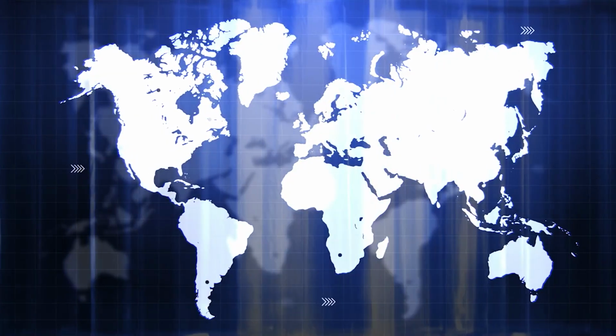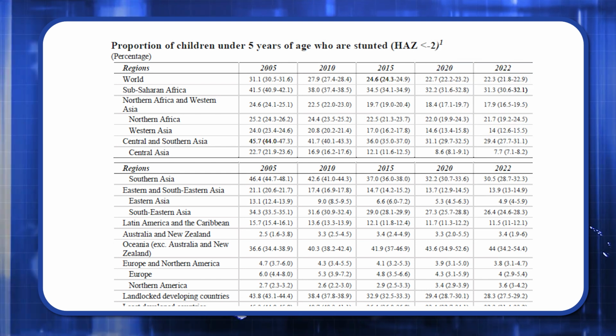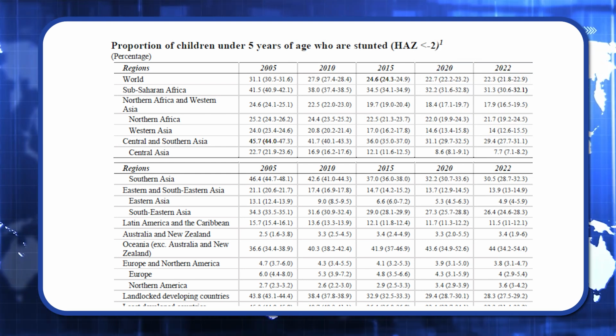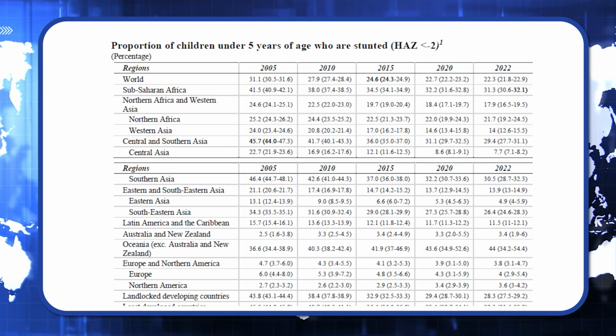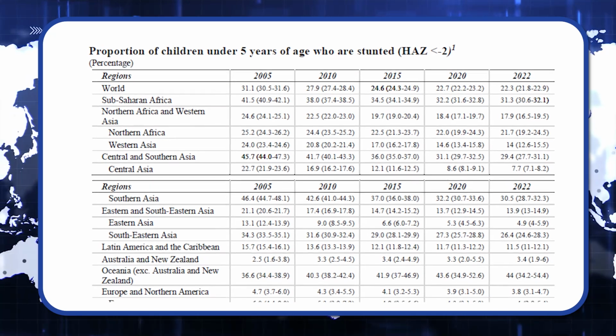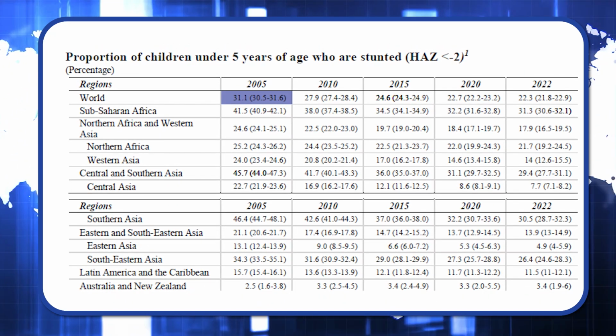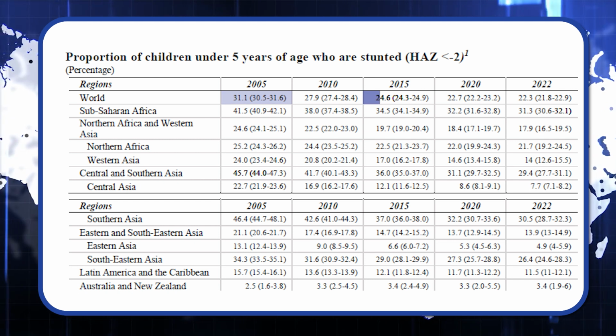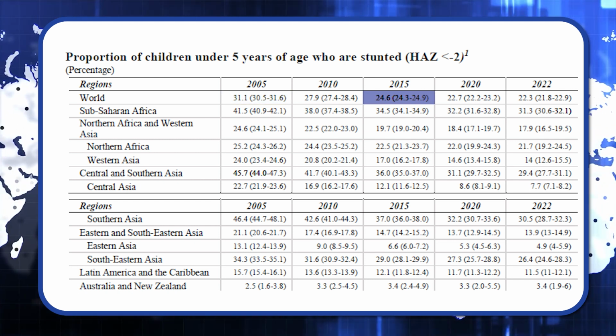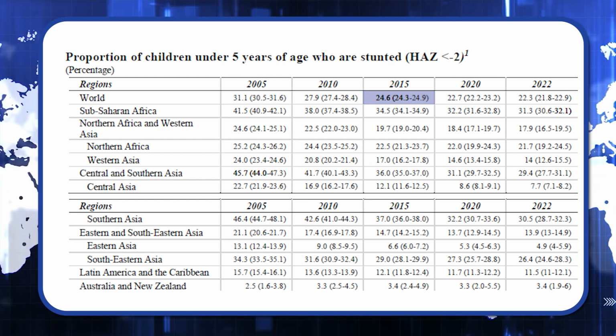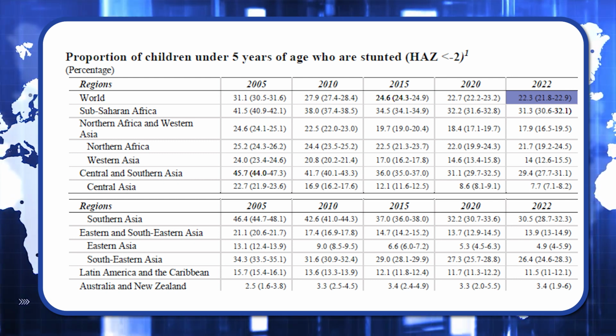So when you look into these indicators, you will find that the global score in the world is 31.1 in 2000, 24.6 in 2015, which decreased, and then it is 22.3.